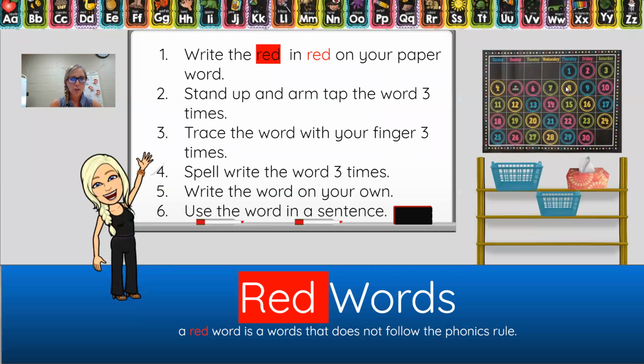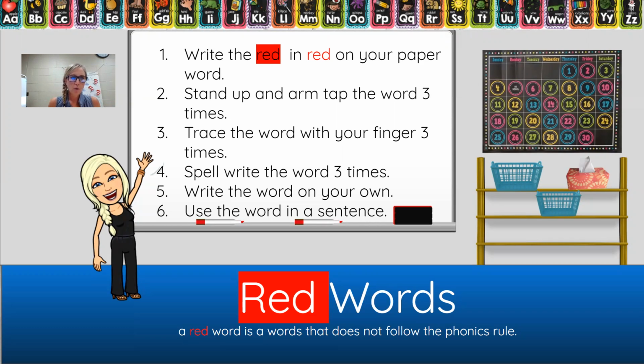So here are the directions and the steps for learning red words. First, you will write the red word on your paper. If you have swung by school, you may have picked up a red word book. If not, they're up at your elementary school waiting for you. So I'll show you how to use that book. And if you don't have that book right now, that is really okay. You're going to just use a piece of notebook paper.